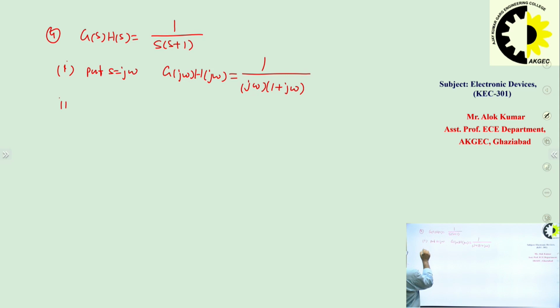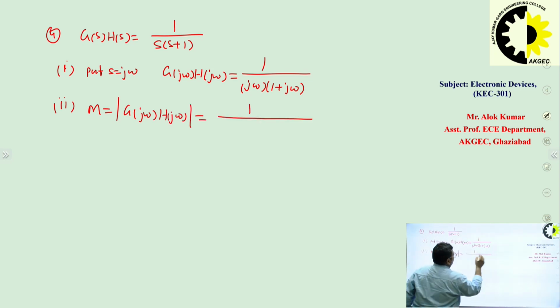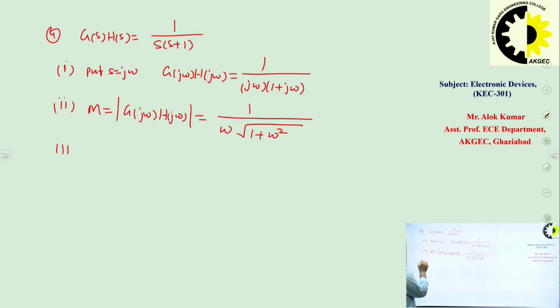Second step, find the magnitude of G of j omega, H of j omega. It will be 1 divided by omega due to this, and due to this we will have under root 1 plus omega square, right? In the third step, find the angle of G of j omega, H of j omega.